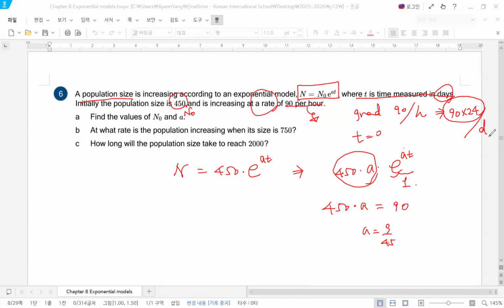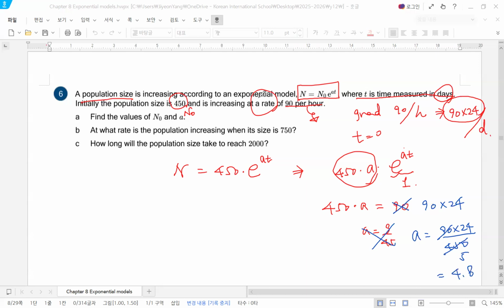Do you understand? Therefore, instead of 90, you should input 90 times 24 as the value. So A equals 90 times 24 divided by 450. Then the value of A is 4.8.